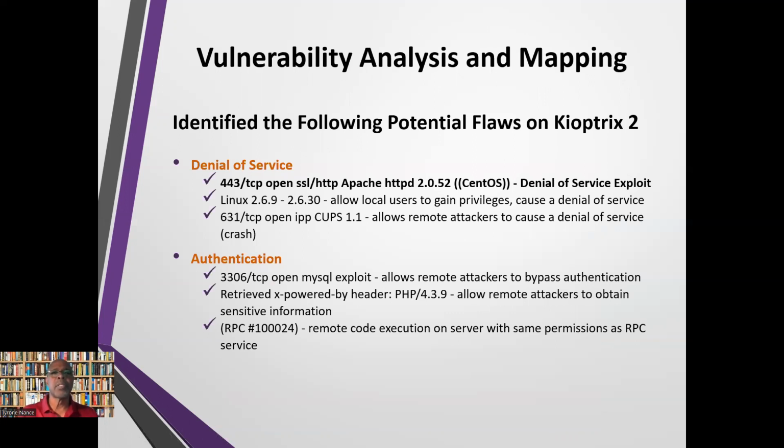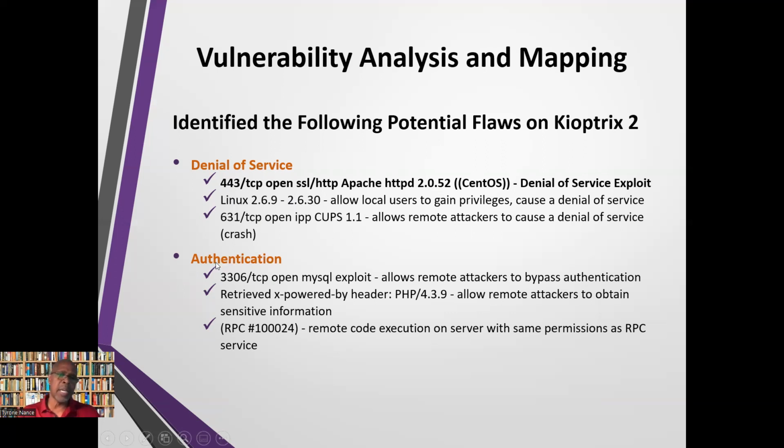So now that I've confirmed there are some vulnerabilities, the next thing I did was I conducted an analysis on 10 of the vulnerabilities that I identified between the two scanning techniques, the nmap and using Nikto. But for the sake of brevity, on this screen, I'm only going to discuss 6 of the vulnerabilities. So I'm presenting here 3 under the network service category: for port 443, Apache around version 2.0.52, Linux vulnerability around versioning as well, and CUPS 1.1.